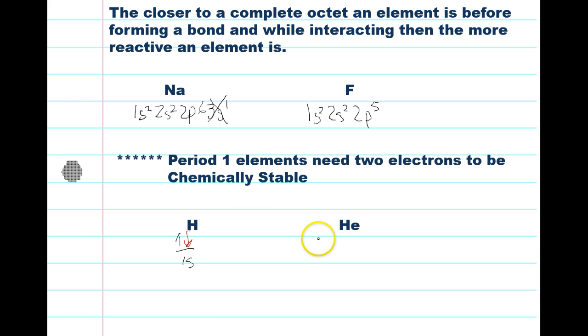And the same thing with helium. Helium has two electrons. And when you put those two electrons into the 1s, now you have a completely filled first energy level. And when you have only two electrons to complete an energy level, we call this a stable duet.